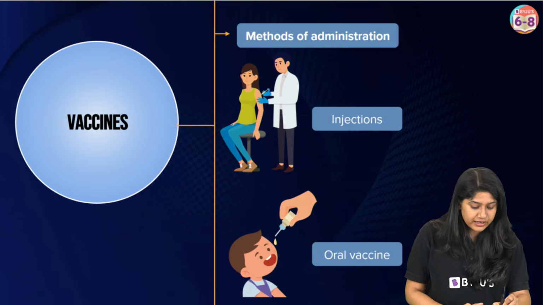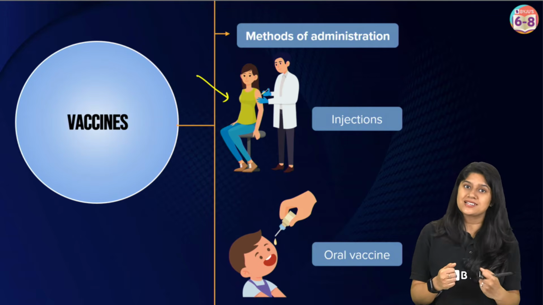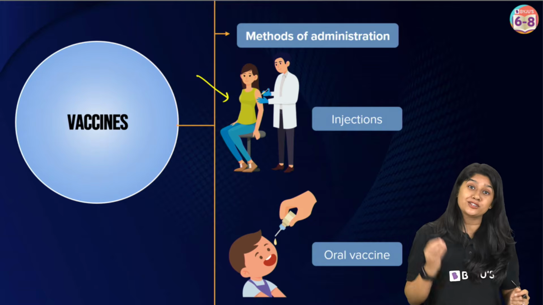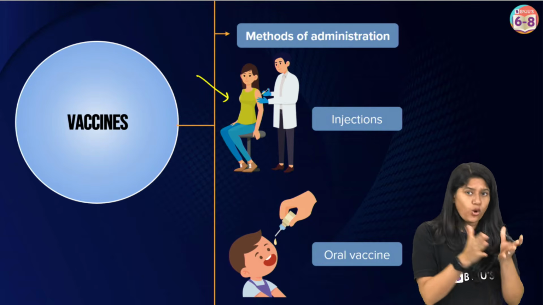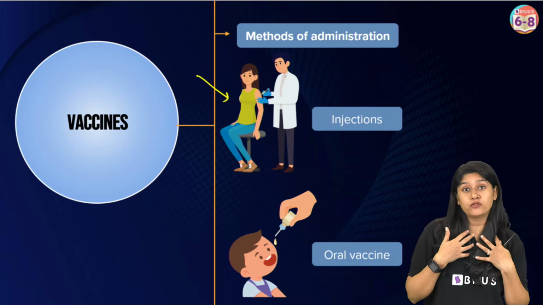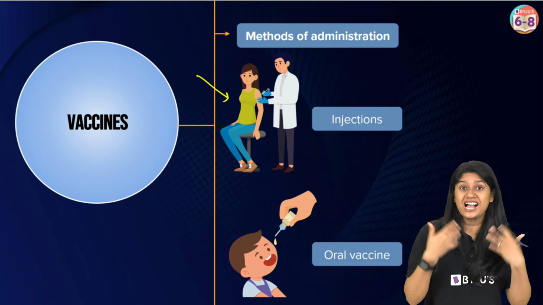And as it gets into the individual's body, it will trigger a defense mechanism. As it enters the body, the white blood cells in the human body will start fighting it. As it is dead or weak, right, it will not have a harmful effect on the body of the individual. The individual might have some reactions to it, right?